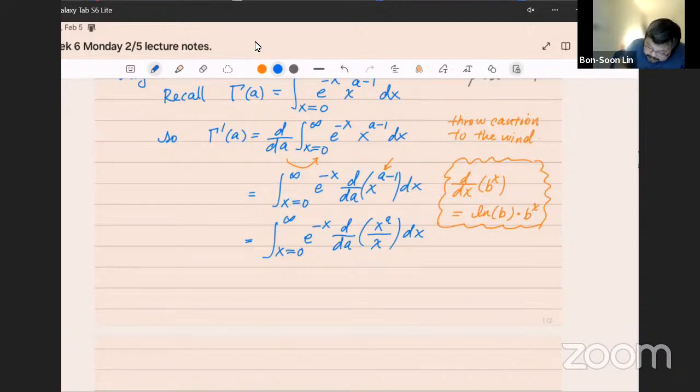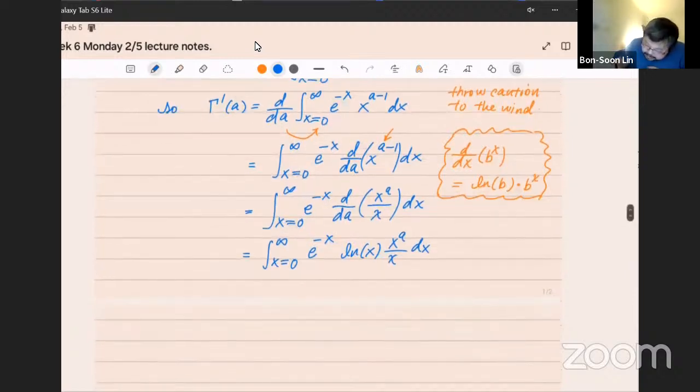That's just a constant with respect to this derivative. So this is the integral with x going from 0 to infinity of e to the minus x, natural log of x, the base, times x to the a divided by x dx. Now, x to the a divided by x, of course, is x to the a minus 1, right? So now we get this thing.